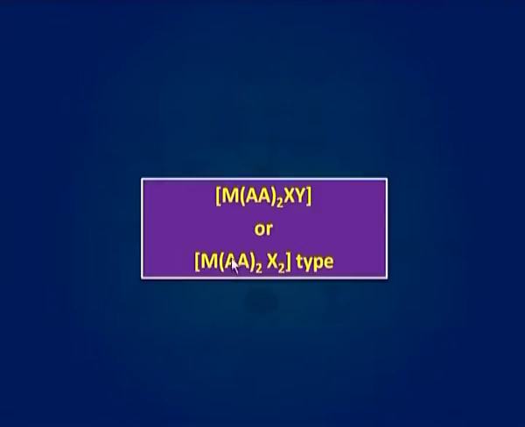First, we are discussing the complexes of the type M(AA)2XY or M(AA)2X2. Here AA is a bidentate symmetrical ligand of the type ethylenediamine, that is NH2CH2CH2NH2, and X and Y are simple monodentate ligands.